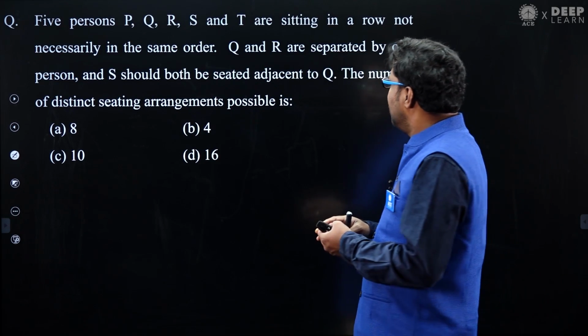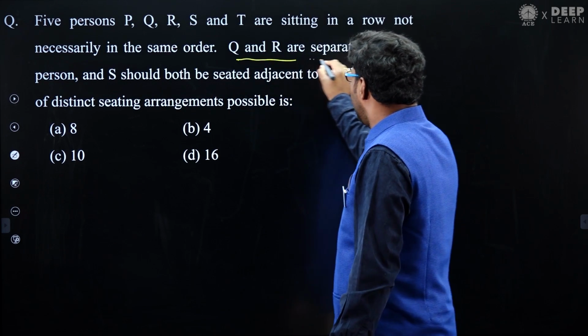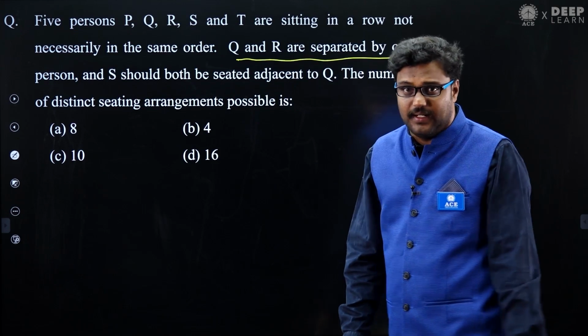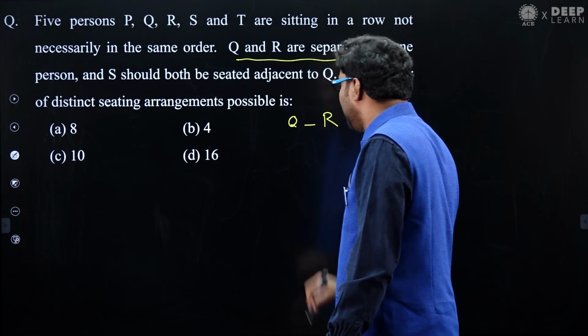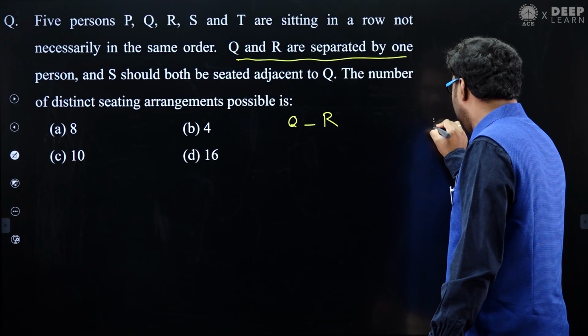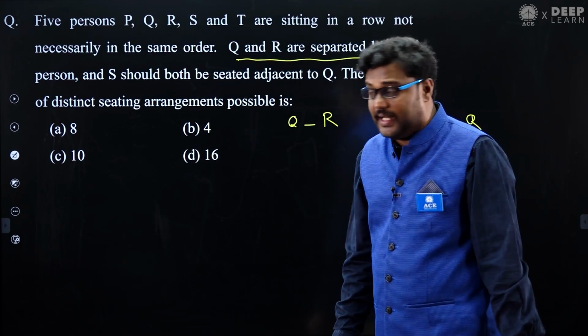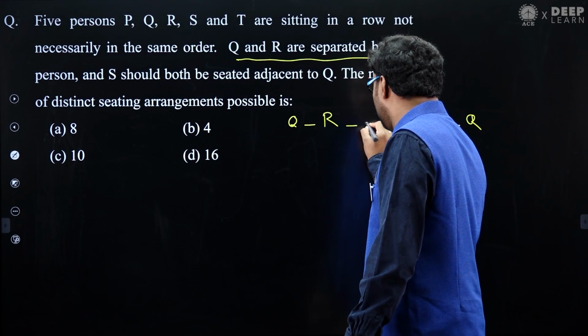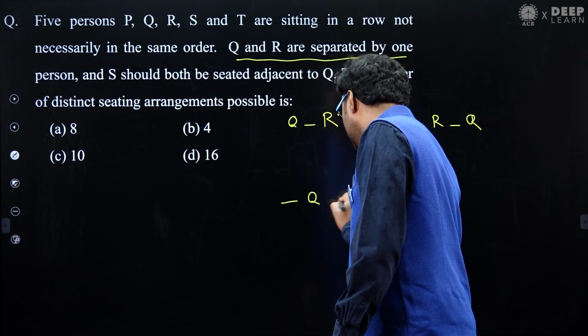Now here Q and R, they gave some condition. See, Q and R are separated by 1 person. So Q and R are separated by 1. It may be R and Q also. Fine. Total 5 people are there, right? So Q, blank, R, 2 blanks, or maybe blank, Q, blank, R, blank.